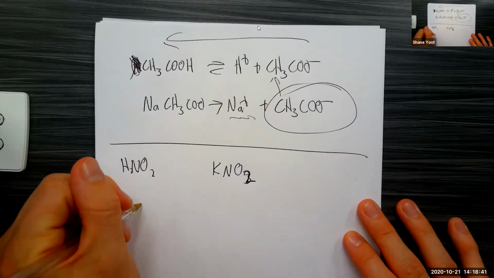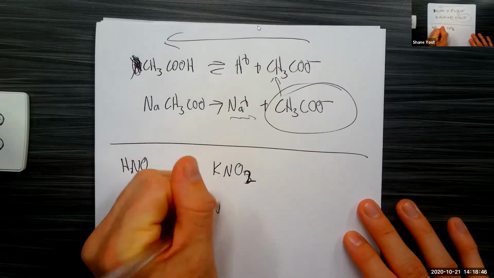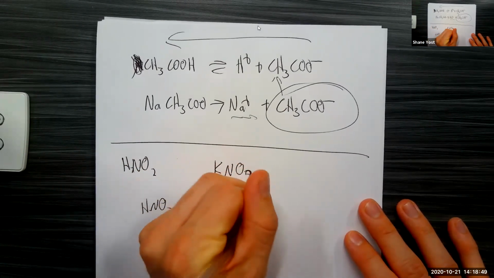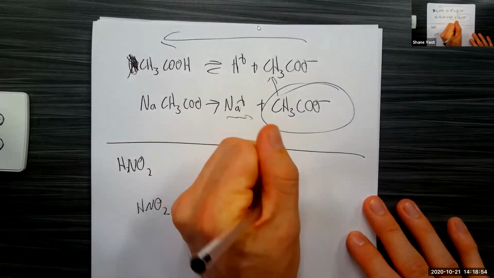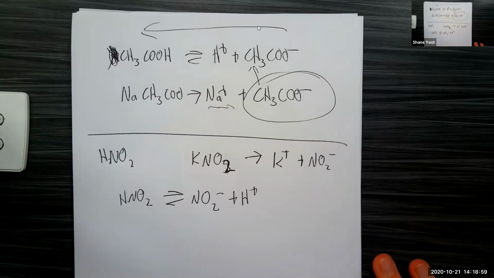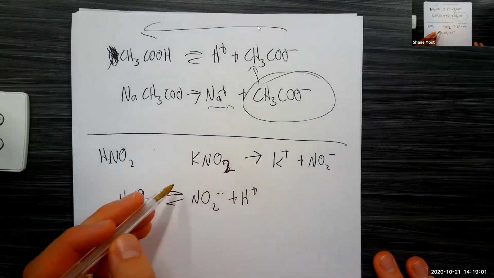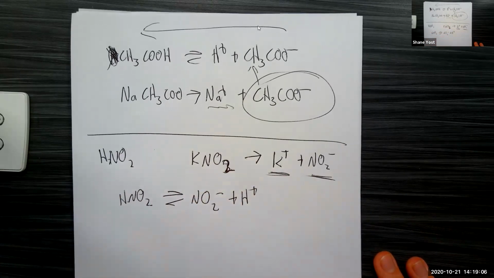So HNO2 in solution is a weak electrolyte, so it establishes an equilibrium reaction where it partially dissociates in solution, while KNO2 is a strong electrolyte and will form K plus and NO2 minus in solution. So this goes to completion. It fully dissociates, so I just have K plus and NO2 minus in solution. All this establishes an equilibrium. So which of these things is a spectator ion for this problem?